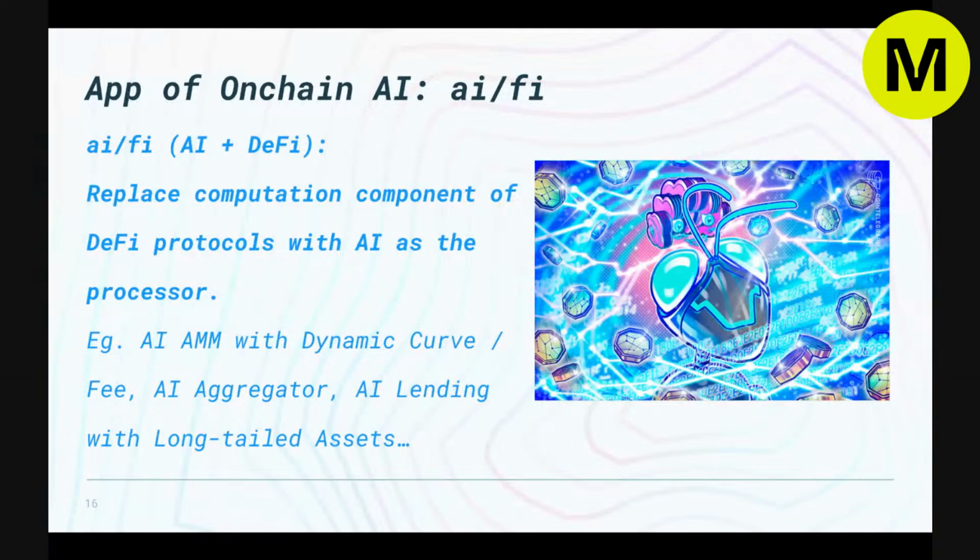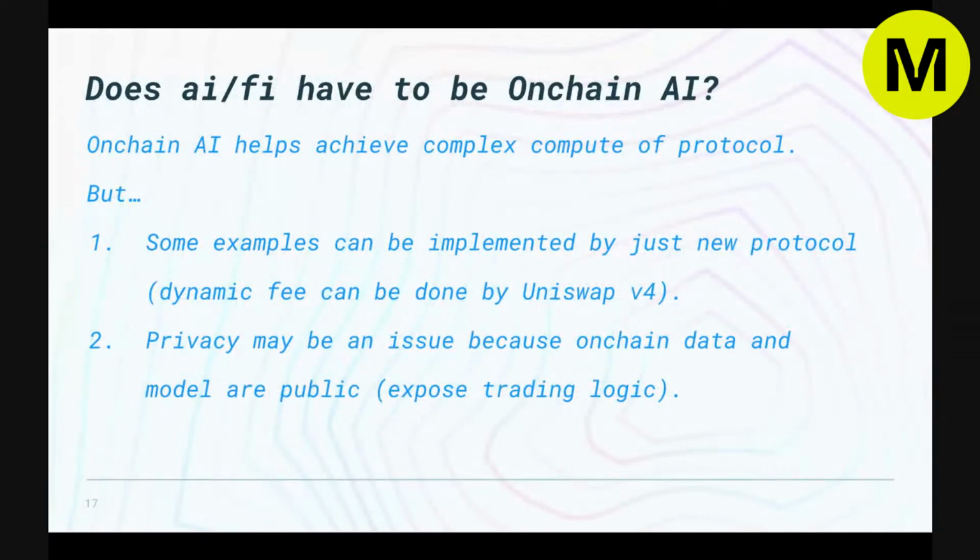But if we think about whether it has to be on-chain AI, it actually helps to achieve complex compute in the protocol, and it also offers verifiability in the system. But when we look at some specific examples, it's not that easy to integrate with on-chain AI, because some of the examples can be implemented by new protocols. For example, dynamic fees can be done with Uniswap v4 hooks.